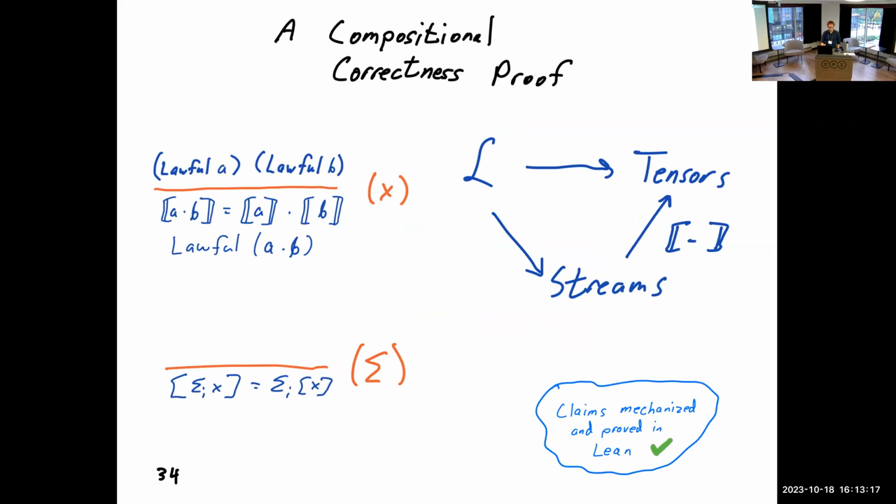So what we want to show is that if we have two streams which satisfy certain lawfulness criteria, which are technical criteria that make sure that they make progress and traverse indices in order, then it's true that evaluating the stream product of A and B is the same as evaluating A and evaluating B and then multiplying those vectors. Similarly for sum. And this part we have formalized.